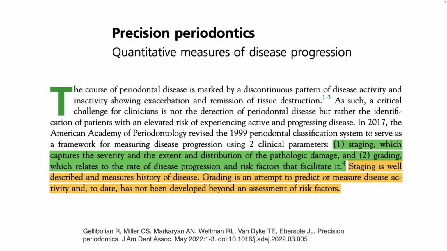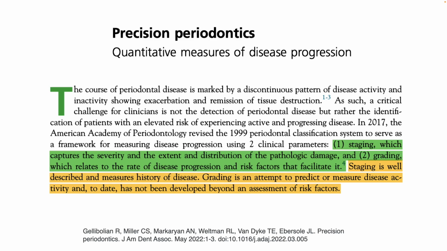So as with periodontitis, we look at staging and grading. So staging measures the severity and the extent of the distribution of the damage. And then grading attempts to look at the rate of disease progression and what kind of risk factors. So unfortunately, staging is very much looking at what has already been damaged.